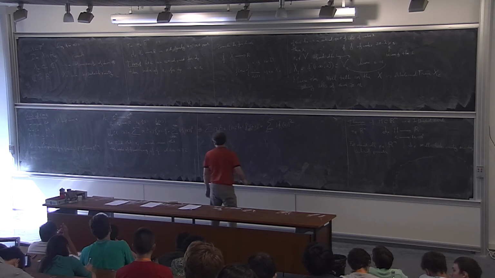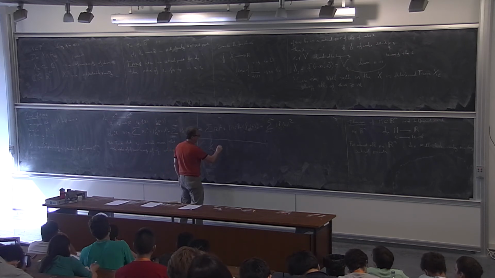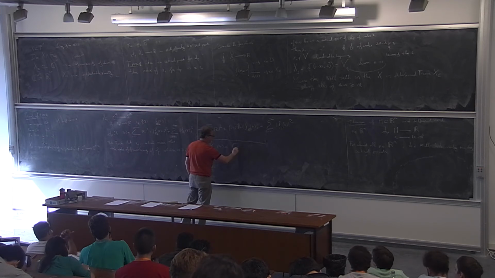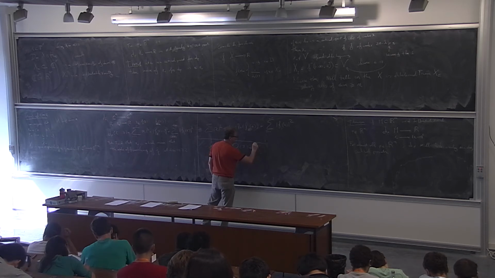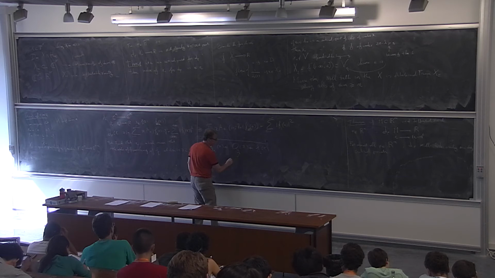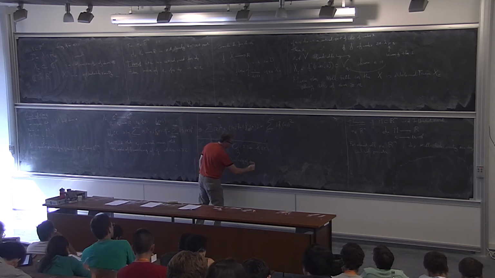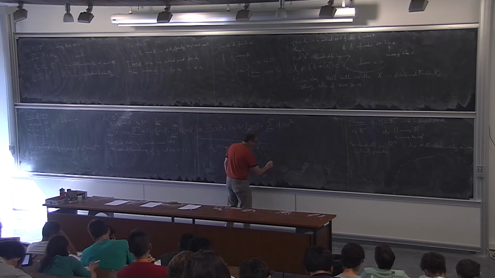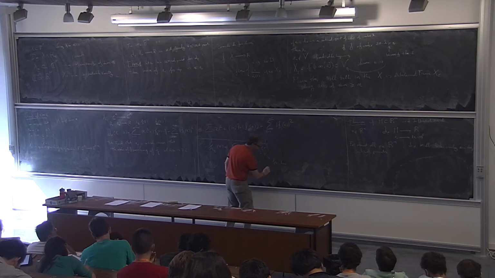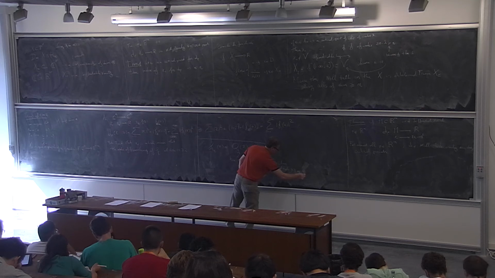And now you can write F1 of z as a quadratic part, a homogeneous polynomial of degree two, plus another function, F1 tilde of z, which is a function vanishing at order at least 3 at 0.